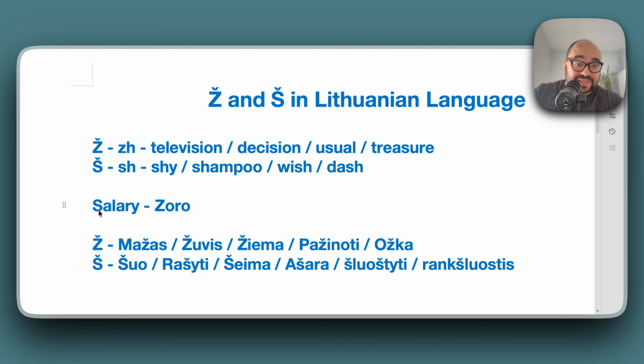If it doesn't have this little birdie, this is S, this is Z, but over here we have sh, like you're shushing somebody, and you have zh, like television, treasure, and so forth. It's a bit different letter, but it is a sound that we have in the English language as well. So this is the main difference between these two sounds.